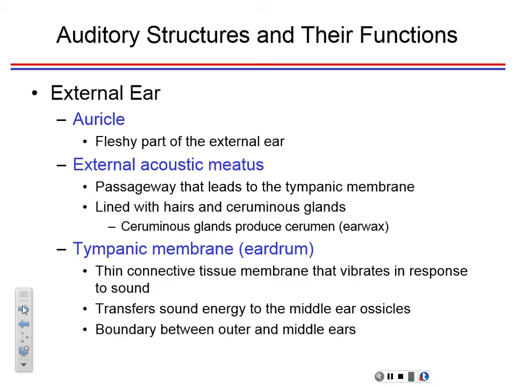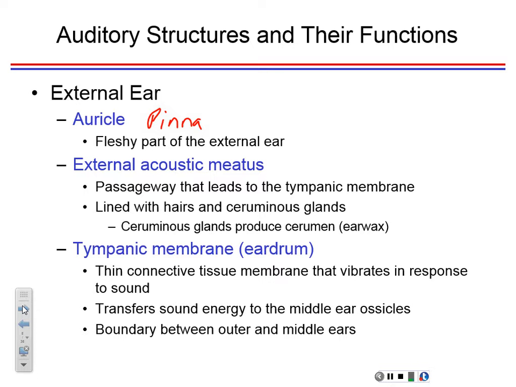Okay, so the external ear is called the auricle, also called the pinna, like I said earlier on. It's the fleshy part. It's got elastic proteins in it, so you can stretch it a little bit. But the grooves inside of the external ear are designed to channel the sound waves to the middle ear in this case, and then to the inner ear.